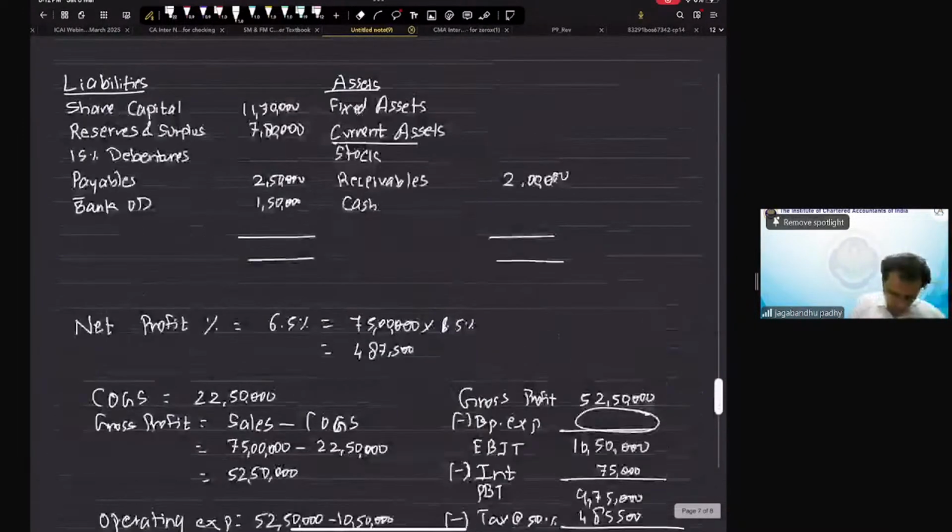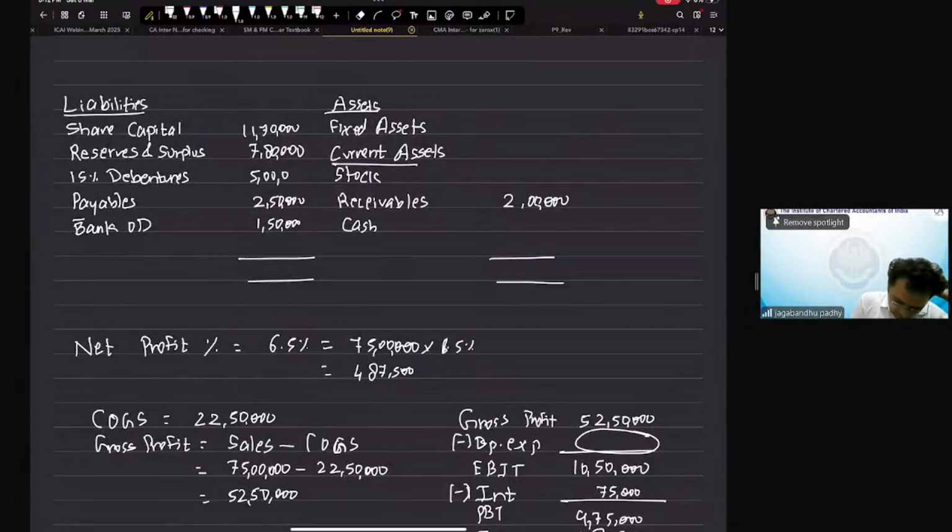Let's just fill it in our balance sheet. 5 lakh is the amount of debentures. Total of liabilities is 28 lakh 50,000. Correct, Chris? Total of liabilities 28 lakh 50,000.